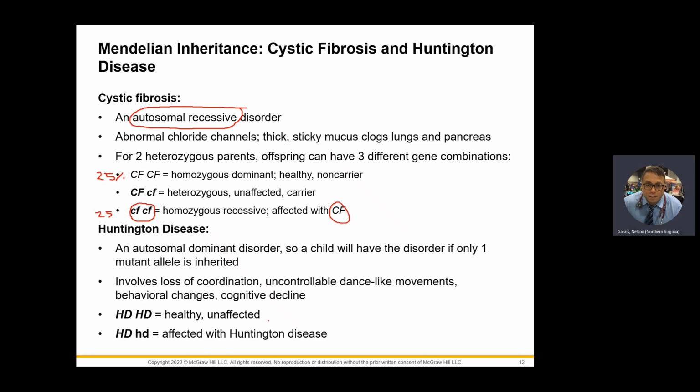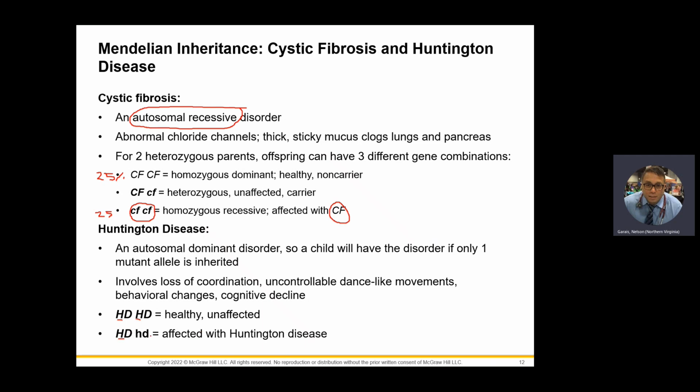Now, what is an autosomal dominant? Before, when we were talking about an autosomal recessive, the carriers don't get affected. But in the case of an autosomal dominant, as long as there's at least one capital, then someone's going to get the disease. So this typically would be a carrier.